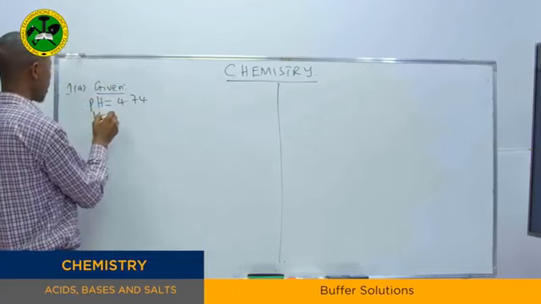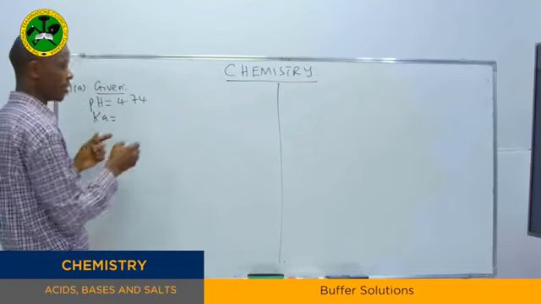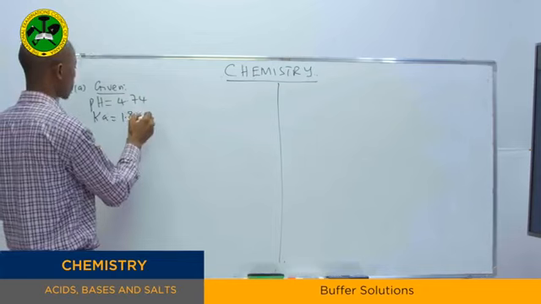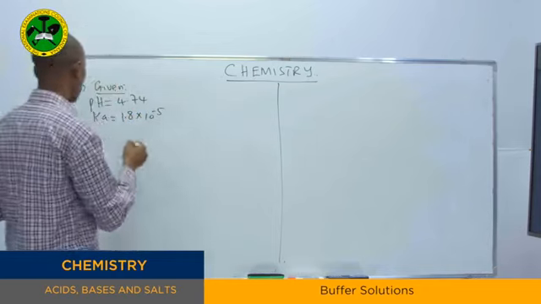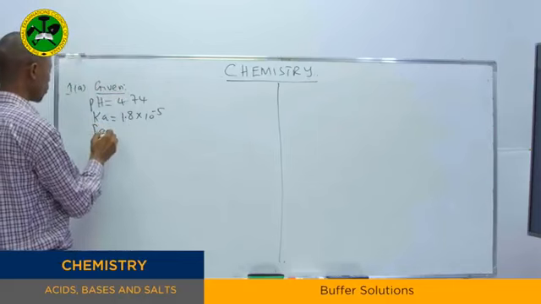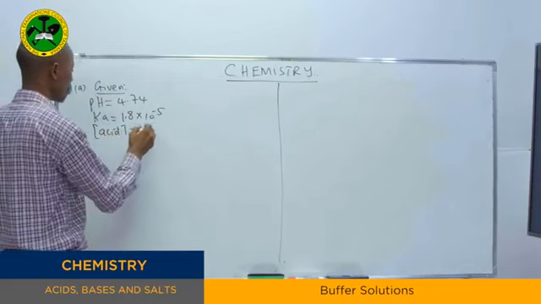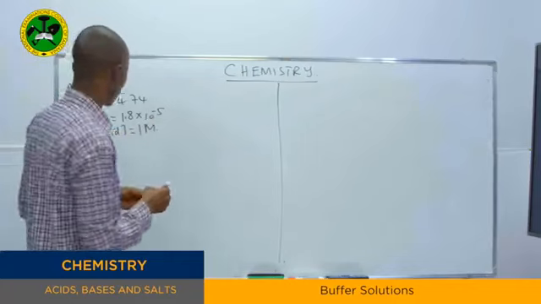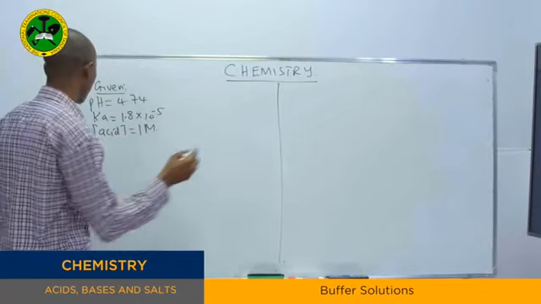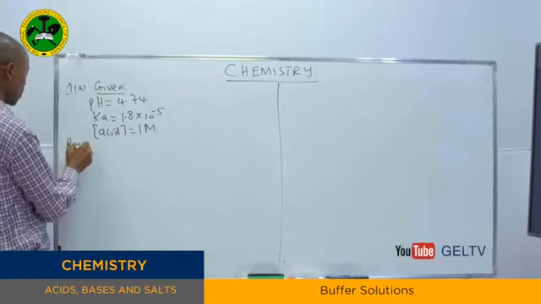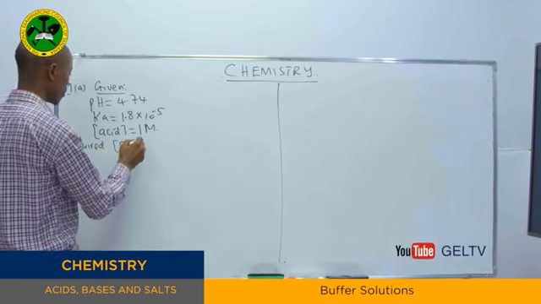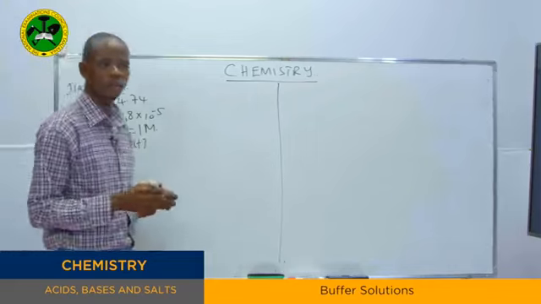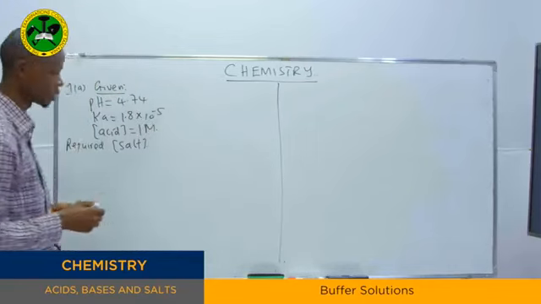We are given the Ka, ionization constant for the acid, which is 1.8 times 10 raised to -5. We are also given the concentration of the acid, which is 1 molar. So these are the data that we are given. What are we required to find? Required: concentration of the salt. For part A, calculate the concentration of the salt.